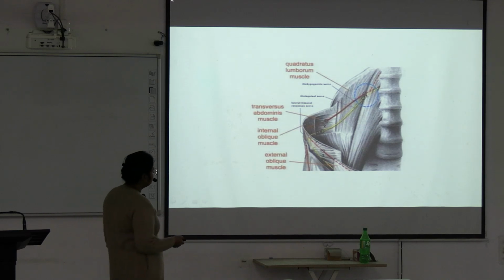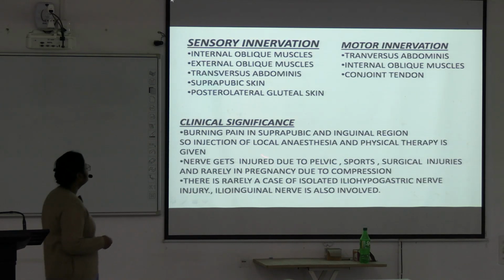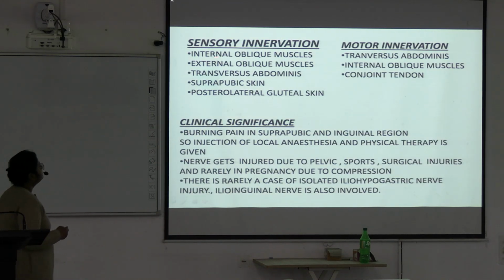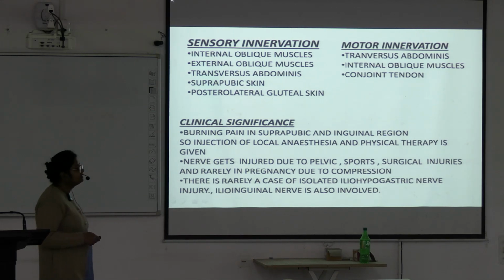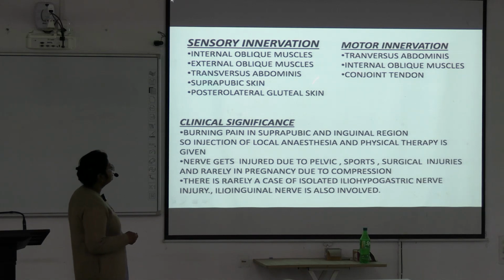Okay. Next. So this is the sensory innervation to the internal oblique, external oblique, transversus abdominis muscle, suprapubic skin and posterolateral gluteal skin, supplied by the iliohypogastric nerve. And motor innervation is given to transversus abdominis, internal oblique and the conjoint tendon.